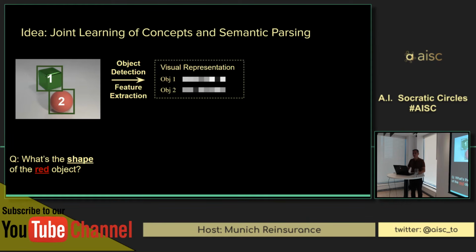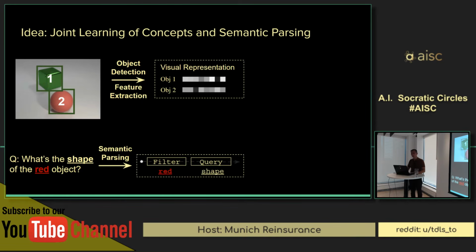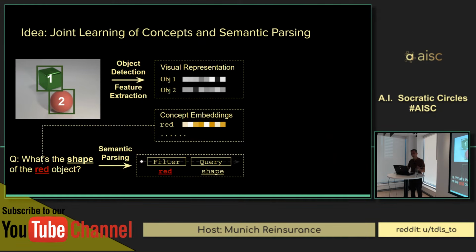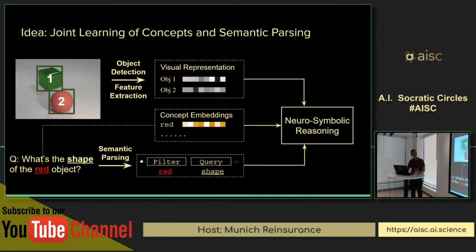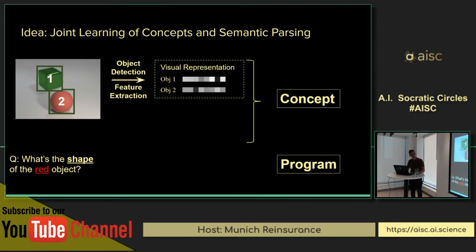They also use semantic parsers to translate the input question into a symbolic program with hierarchical structure. Each of the concepts in the question, such as the word red, is associated with a vector embedding. A Neuro-Symbolic Reasoning module takes visual representations, concept embeddings and the parsed program as an input and gives an answer to the question, which is sphere.